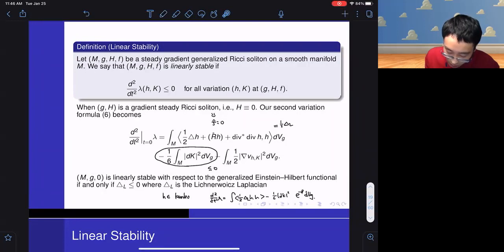So it is stable if and only if the Ricci-Nova's Laplacian is non-positive. And this is exactly the same as the previous case. It's not surprising, because it must be true, since we are at the same critical point.